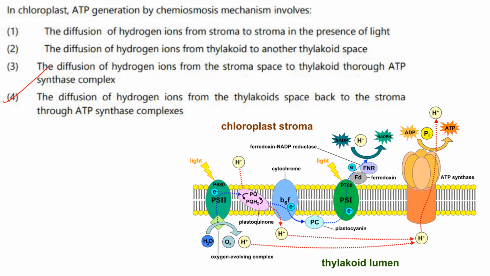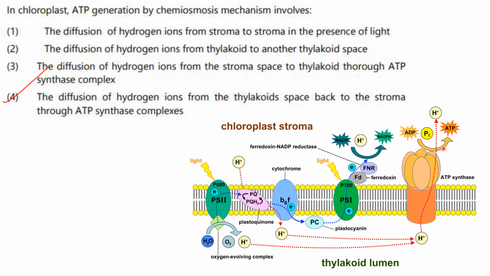Then next one. In chloroplast, ATP generation by chemiosmosis mechanism involves the diffusion of hydrogen ions from stroma to stroma in the presence of light. No. If you see the photo here, it is the diffusion of hydrogen ions from the thylakoid lumen to the stroma of the chloroplast.